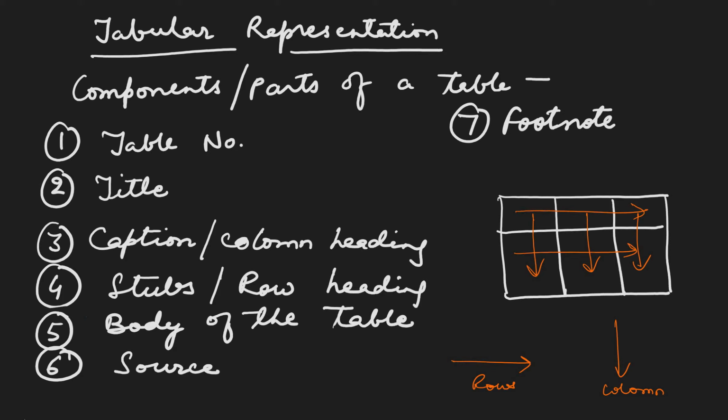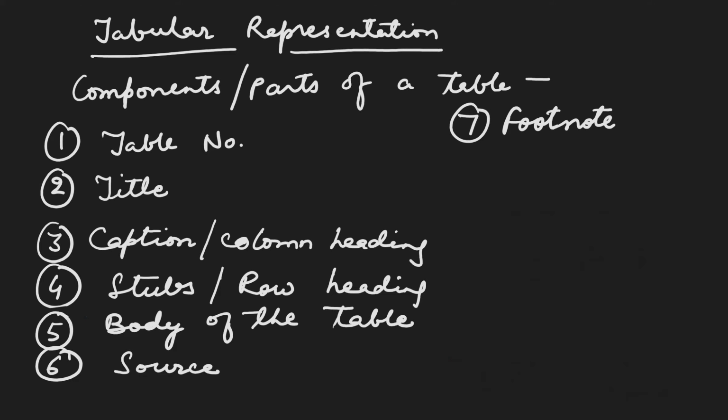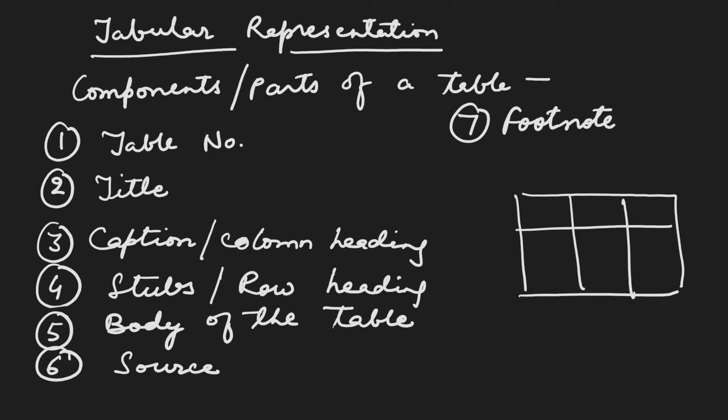So there are 3 columns and 2 rows. Let's see it once again in another type of structure. If we make a table like this, in this table there are 3 columns, 1, 2 and 3, and 3 rows, 1, 2 and 3.